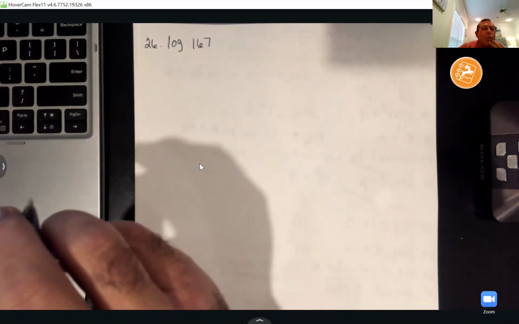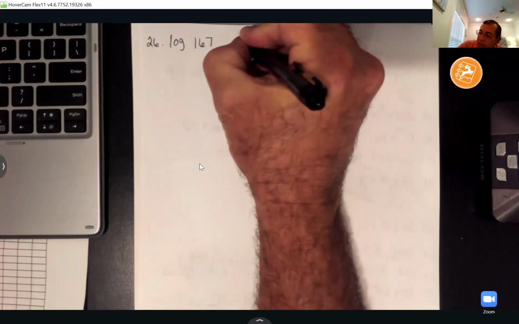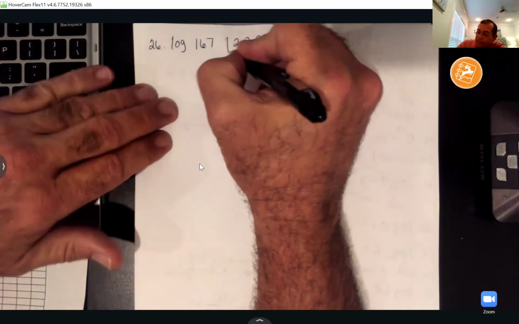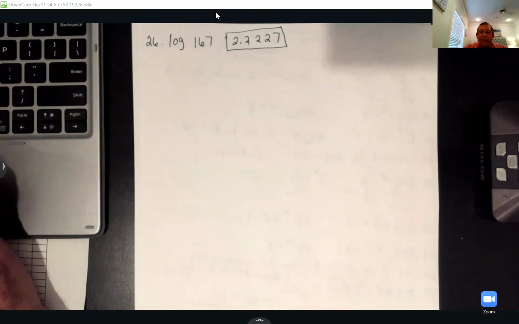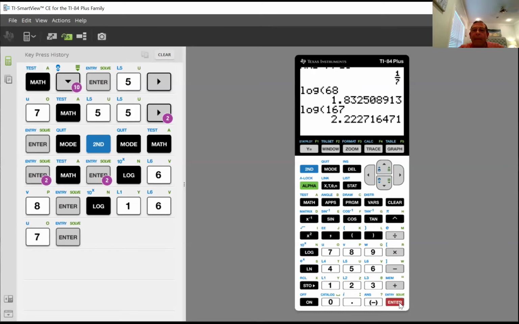I'm getting 2.2227. Good job, that's what I had. Now, did that one have to round up? I can't remember. So log of 167. No, that had a 1 after it, so good job.